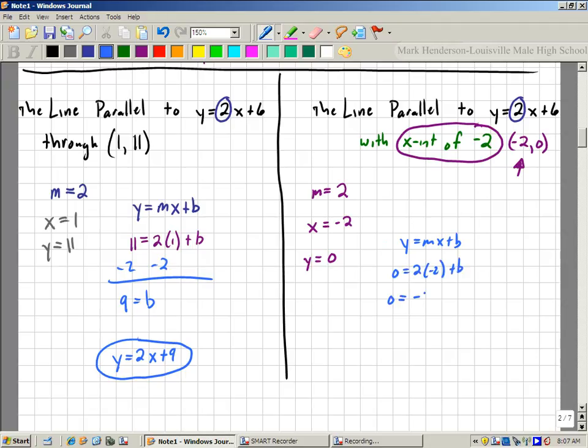So that means 0 equals -4 plus b. Here, instead of subtracting, you add 4 because it's a negative. So 4 equals b. So y equals 2x plus 4.